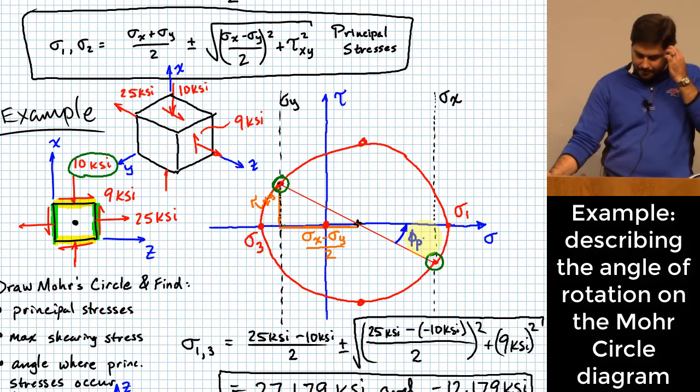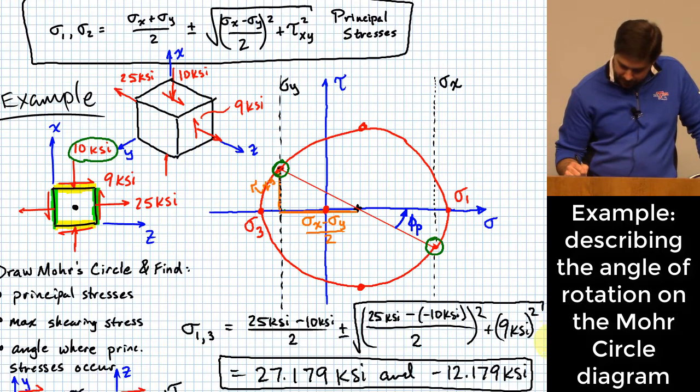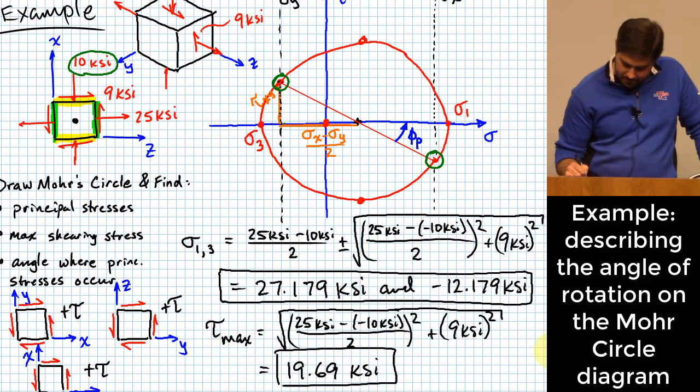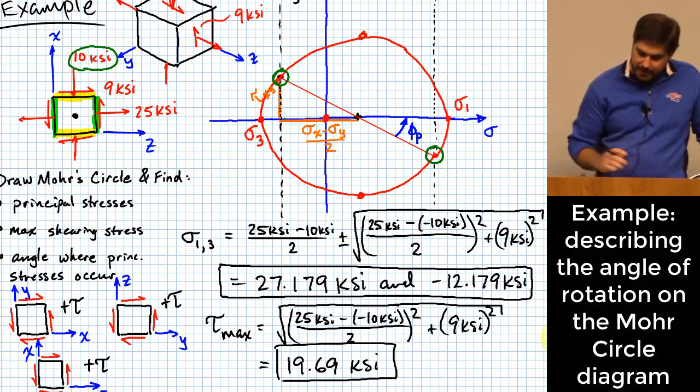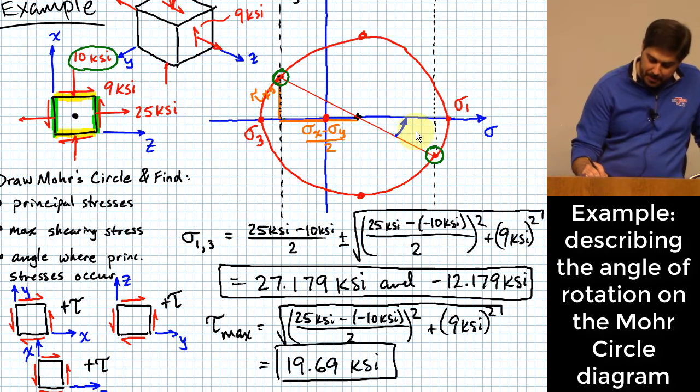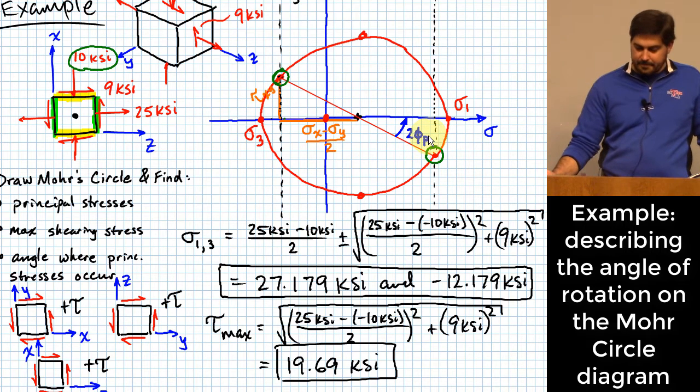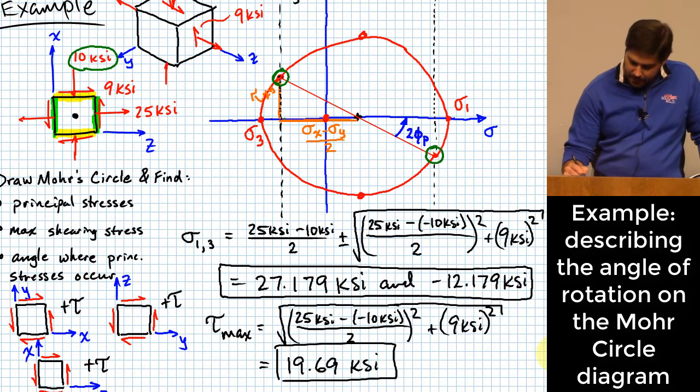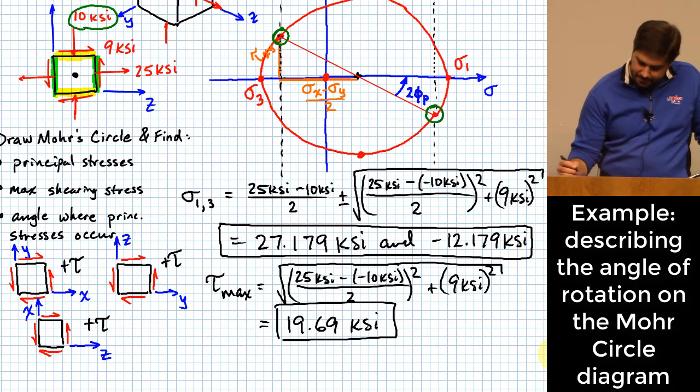Okay? How do I find that? Actually, I called this what? Not phi sub p. 2 phi sub p. Okay? So how do I find 2 phi sub p?